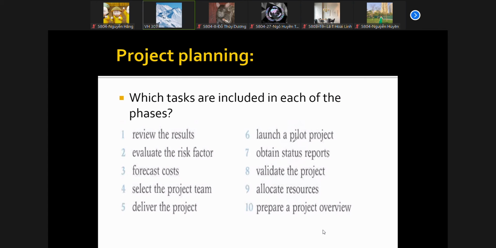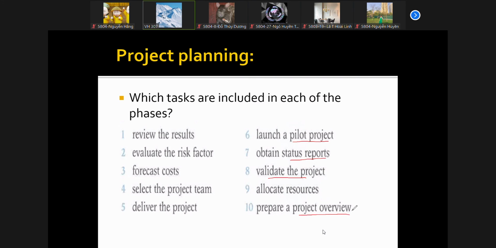We have pilot project, dự án thử nghiệm. Obtain status report, báo cáo tình trạng hoặc báo cáo tiến độ. Validate the project, khởi công dự án. Allocate resources and prepare a project overview.